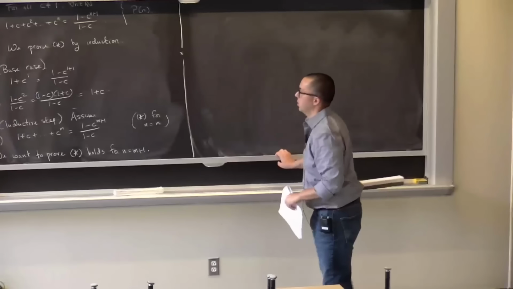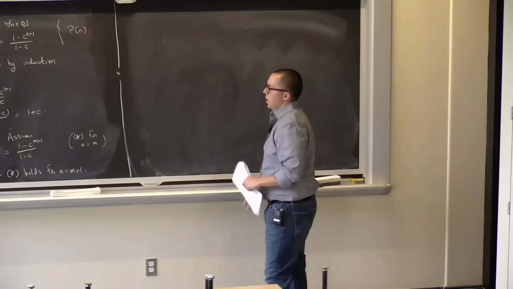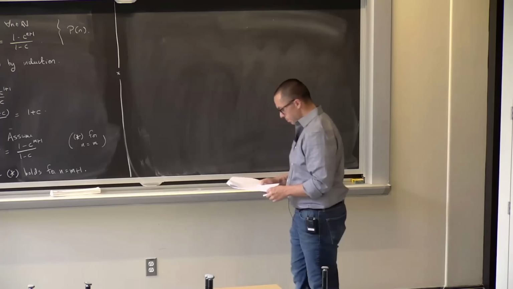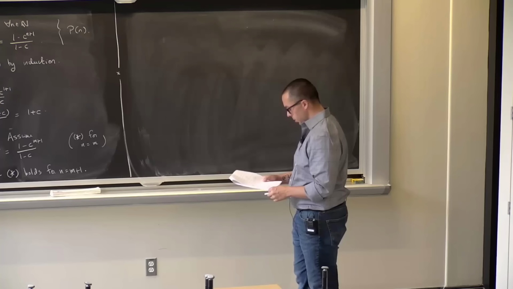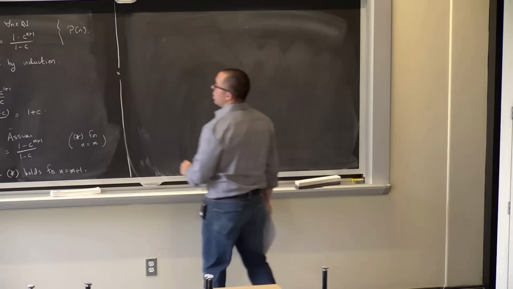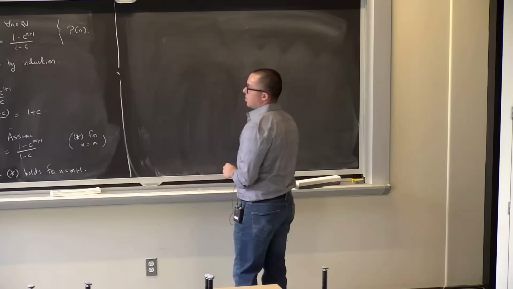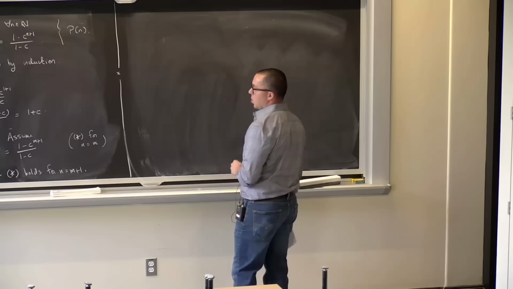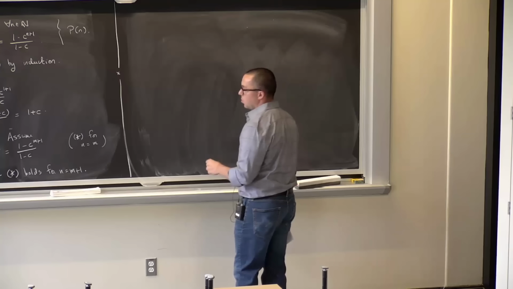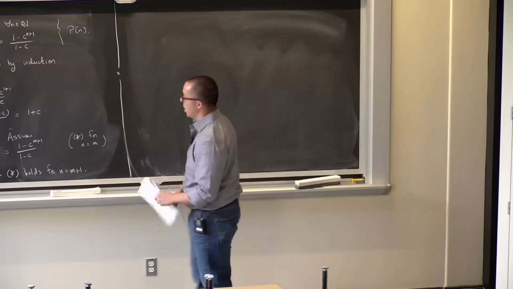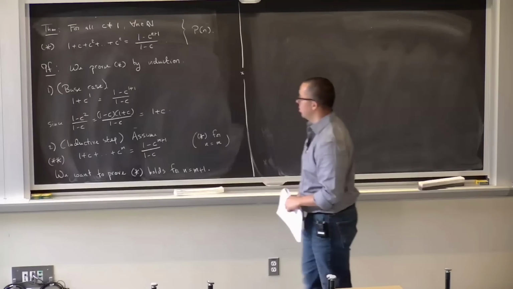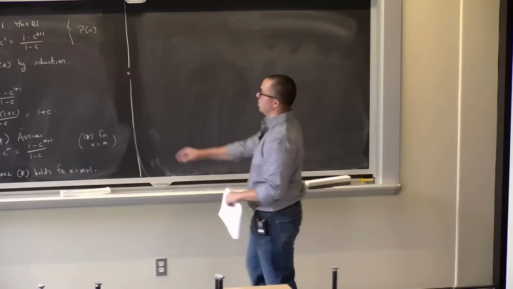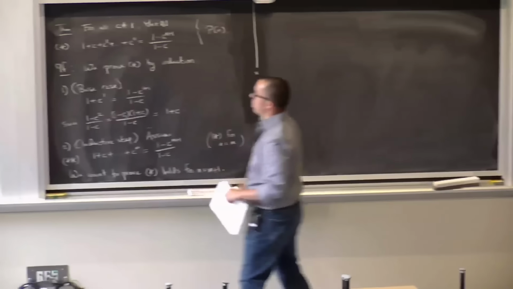So this is my assumption for n equals m. Okay. So let's take the left side for n equals m plus 1 and see if we cannot massage it to get the right-hand side for n equals m plus 1.